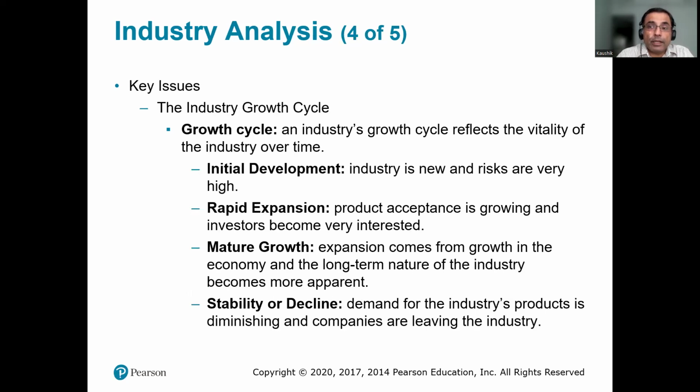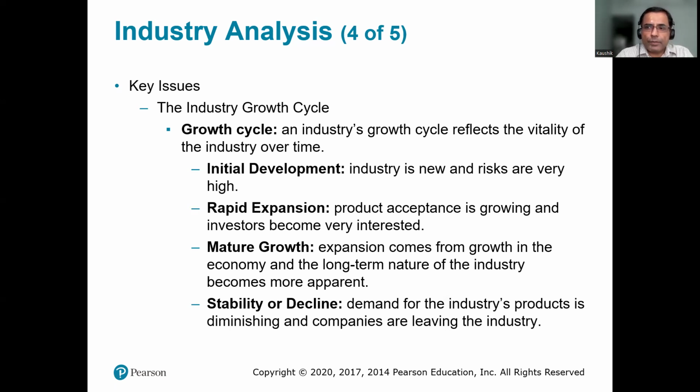So the industry itself goes through a growth cycle. An industry in its initial stages is new and a lot of high risk is involved because it does not have any proven or established product. After some time, there is some established product which helps the industry to grow, and investors become interested because the industry is growing and they expect the stock price to also increase.